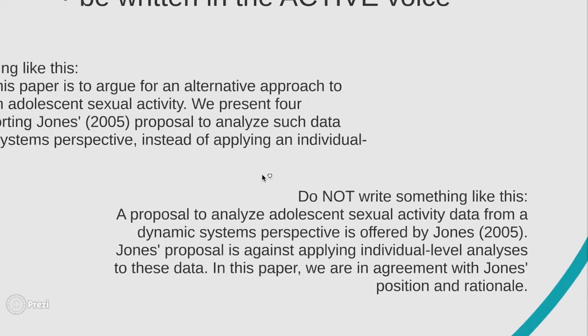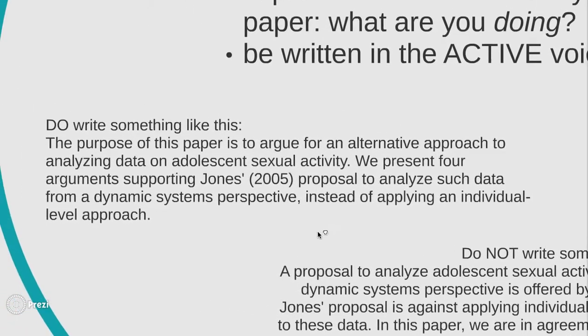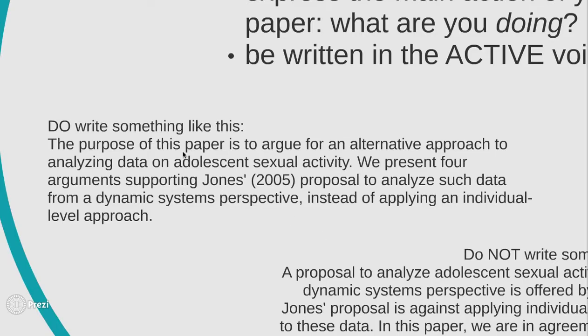Right, and then you don't want to flip it around. This is the important part of the statement of purpose. The purpose of this paper is to argue for an alternative approach.